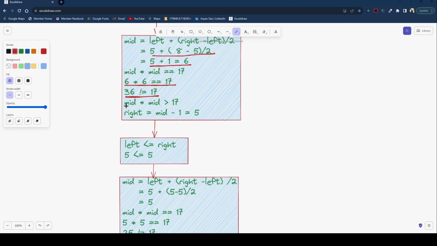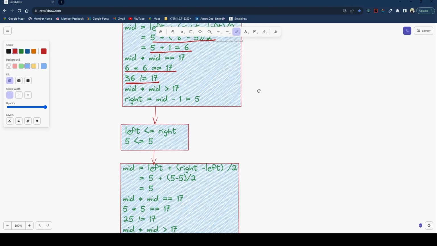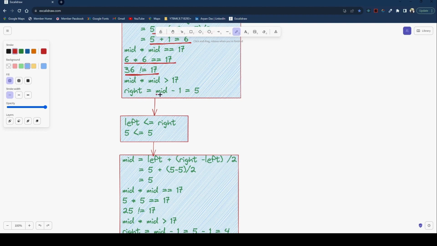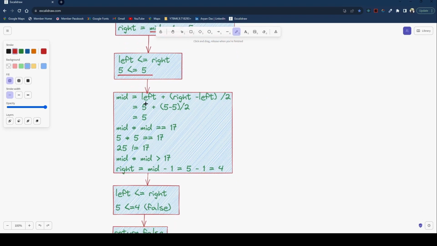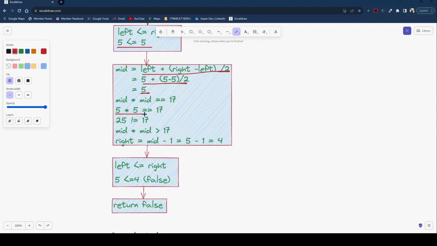Then left equals right. Left is smaller or equal to right, 5 equal to 5, so we have to check again. The mid equals left plus (right minus left) divided by 2, 5 plus (5 minus 5) divided by 2, which is 0, so mid is 5.